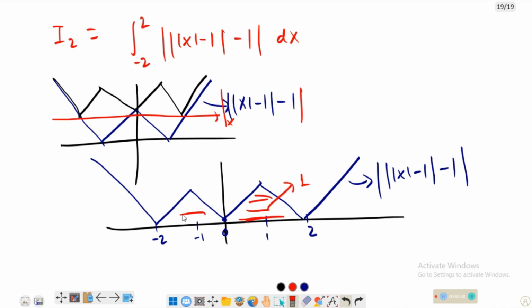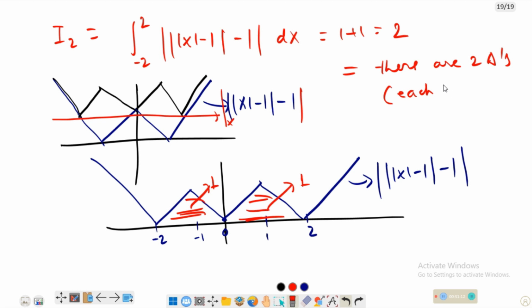This area is 1, this area is 1, so the complete area is 2. So 1 plus 1 is equal to 2, because there are two triangles. So this integral is equal to 2, because this function gives two triangles.